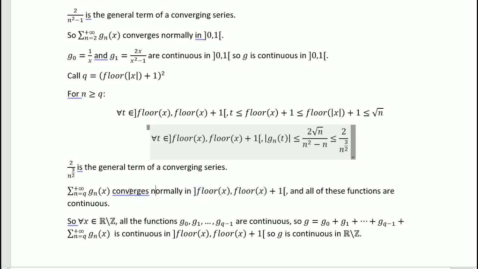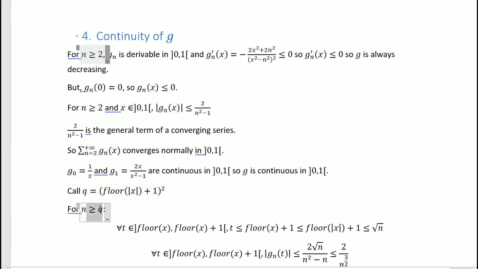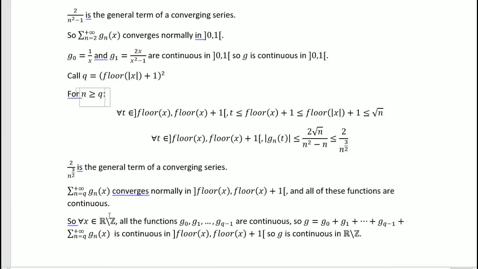Oh no, it works fine. And all the functions are continuous, because we've proved it earlier. And obviously this sum is starting from Q because of the hypothesis that n is greater than Q. But we also know that the functions g_0, g_1, g_2 until g_{Q-1} are continuous.